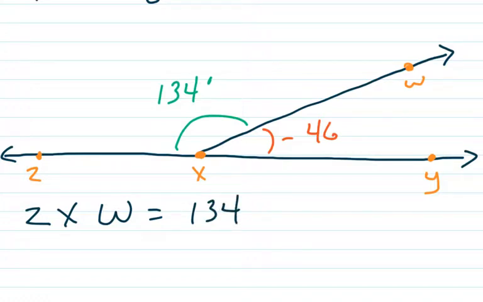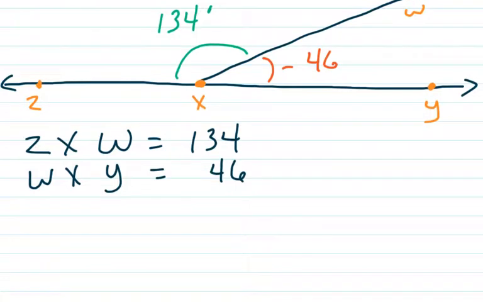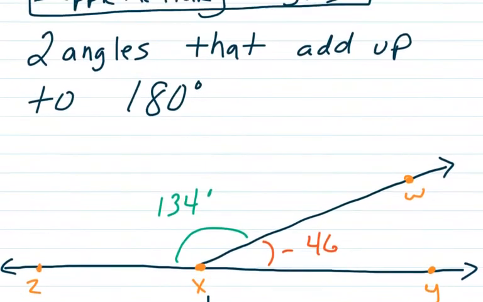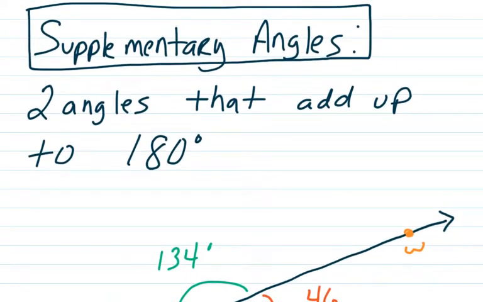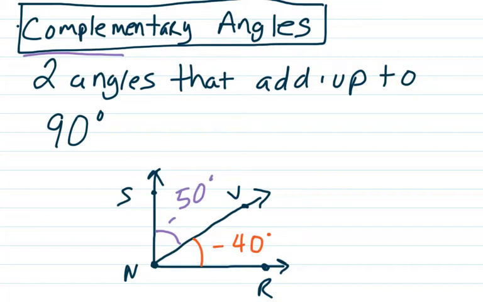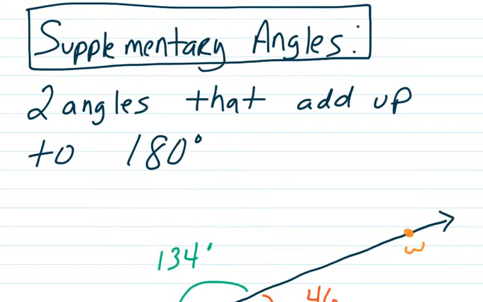And then we have angle WXY, which measures out to be 46 degrees. When you add that up, that's 0, regroup, that's 8, and that is 180 degrees. So supplementary angles add up to 180 degrees, complementary angles add up to 90 degrees.